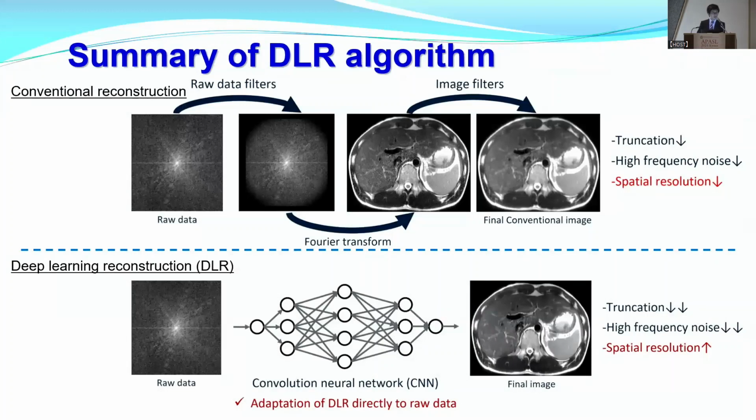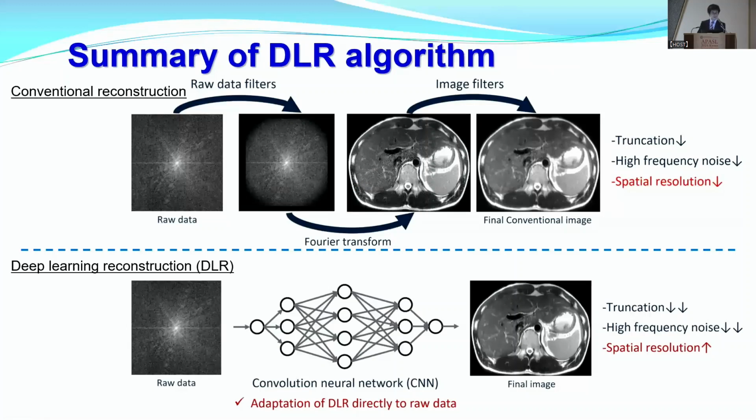Firstly, I'd like to briefly explain image reconstruction of MR images. The upper row is the conventional reconstruction. For conventional reconstruction, the edge of the k-space raw data is filtered to reduce truncation, and Fourier transform is applied to create the MR image.